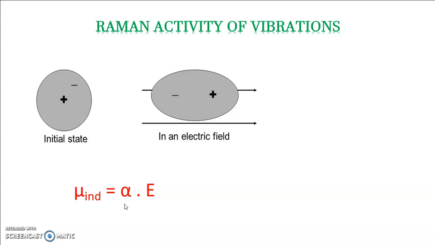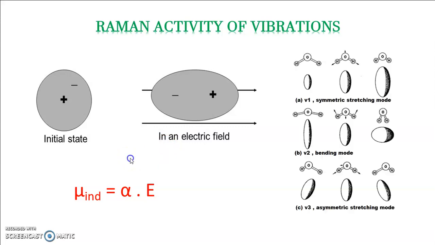So, the radiation can sense polarizability in various directions of the molecule. For example, in the case of water, the polarizability is found to be different along all three of the major axes of the molecule for the three different vibrational modes.